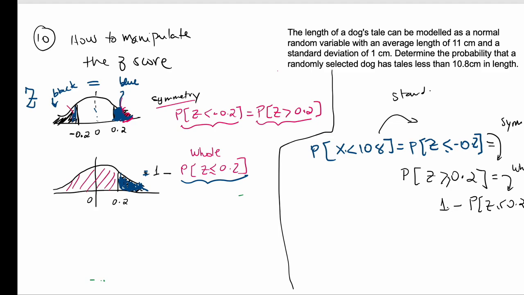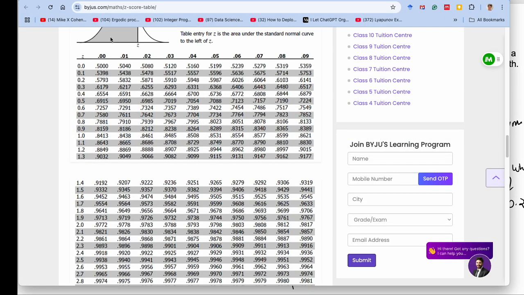Now, if I go to the table, it's z less than 0.2. How can I do that? Row 0.2, and what's the column? It's the first one, 0.00, because it's only 0.2.